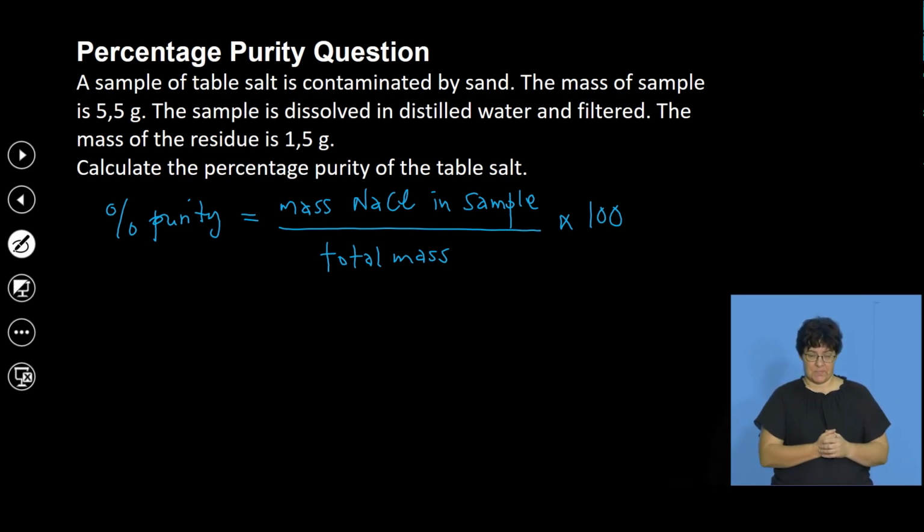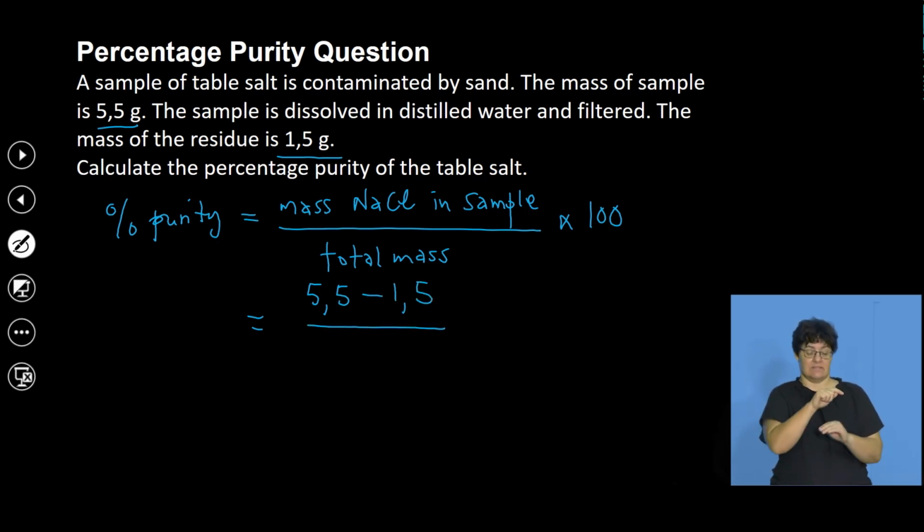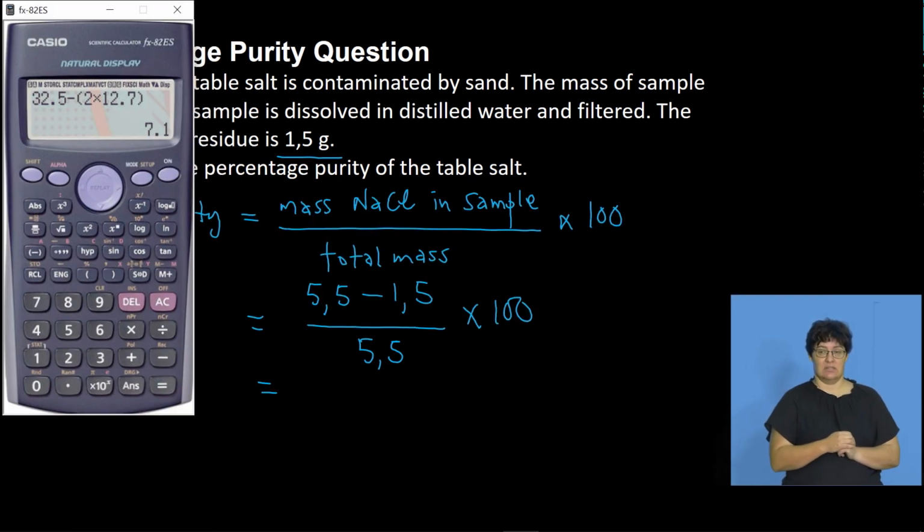So the mass of sodium chloride in the sample is the total mass of the sample less that of the impurities, which is 5.5 minus 1.5, divided by the total mass, which is 5.5 grams, multiplied by 100. So the percentage purity then becomes, if we go to our calculator, what do we have?